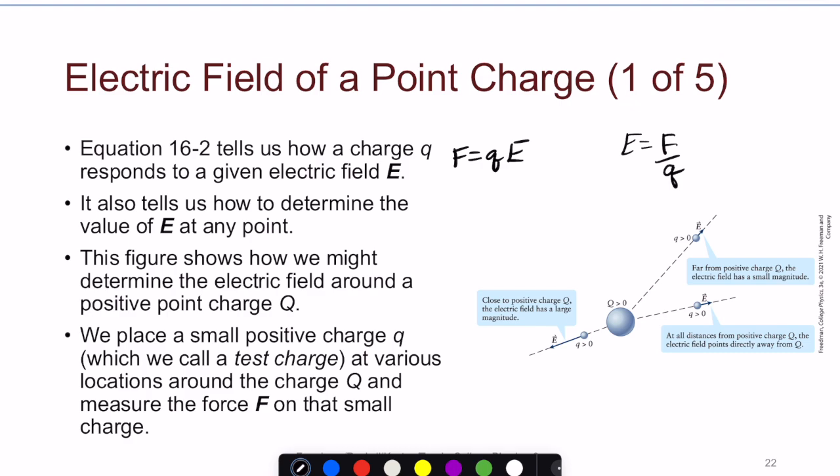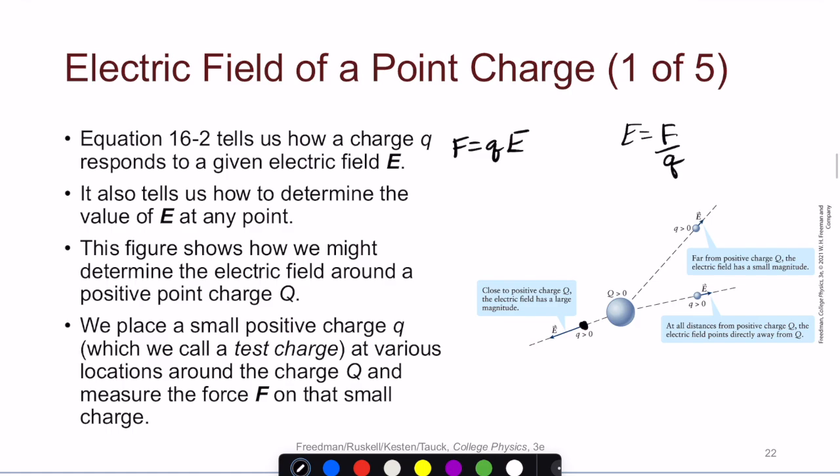So we stick a point charge really close to big Q, and we measure a force on it. If they're both positive, the force vector will point in a straight line directly away from big Q. If we divide the black vector F by little q, the result is the electric field.